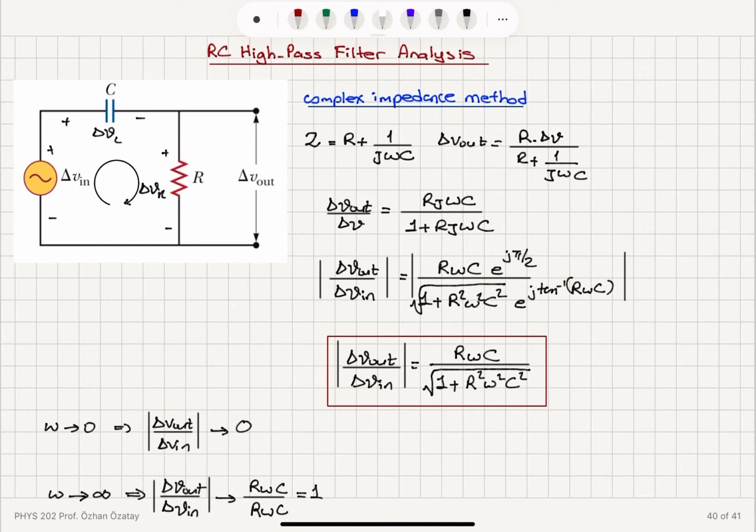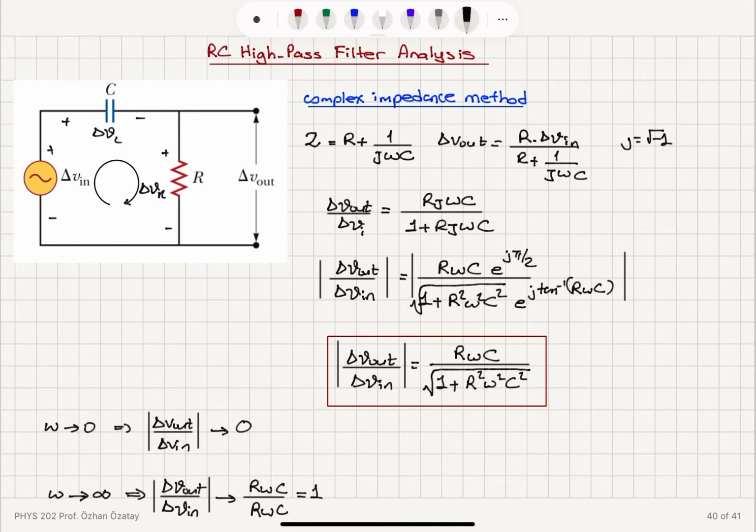Resistance is R, the capacitance is replaced with a complex impedance 1 over j omega C, where j was equal to square root of minus 1, in order not to confuse with current. So now we have the sharing of the voltage between the capacitor and the resistor. So delta V out will be equal to R times delta V in divided by R plus 1 over j omega C.